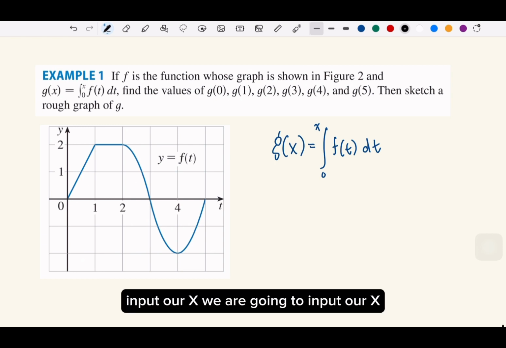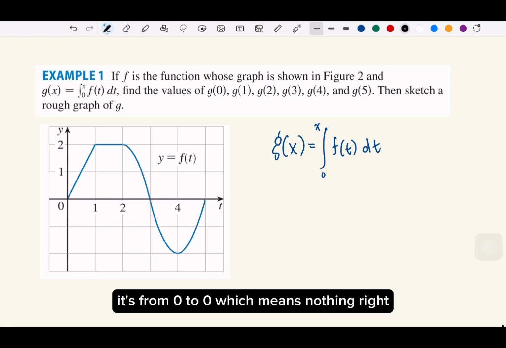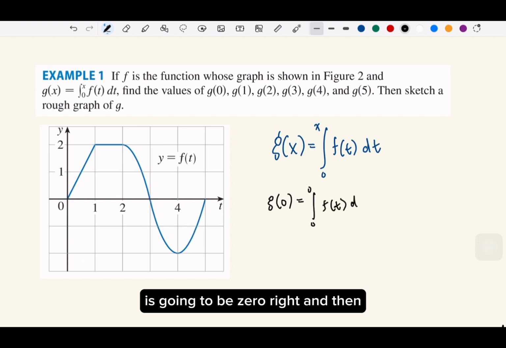If we input x equals 0, it means that it's from 0 to 0, which means nothing, right? It's 0. So let me just write here. So basically this is going to be 0, right?